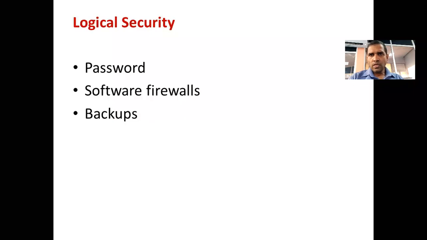But look here, this password never protects your physical components. This password protects the data which are kept inside your computer. If someone doesn't know your password, he or she cannot get into your computer and see the things. So this is called logical security. Have you understood? Providing the password.